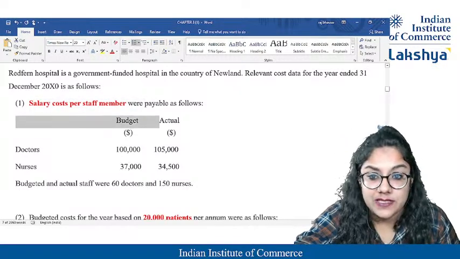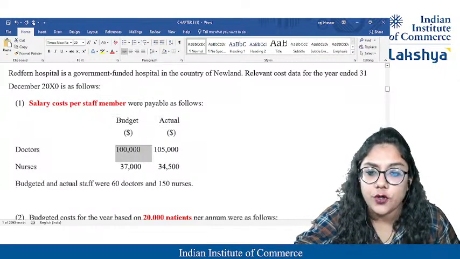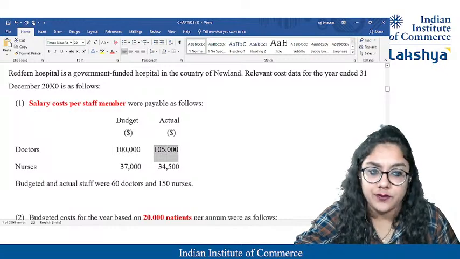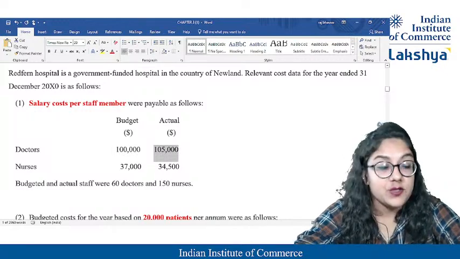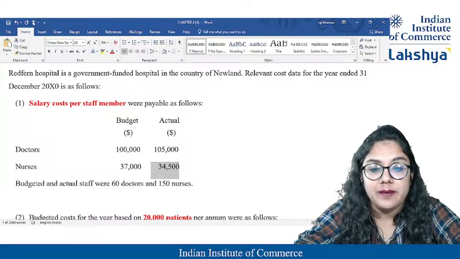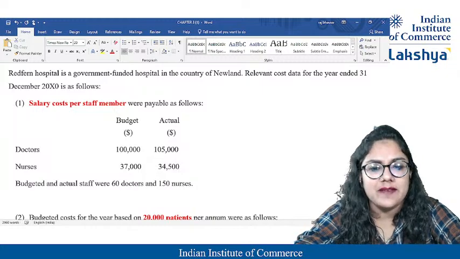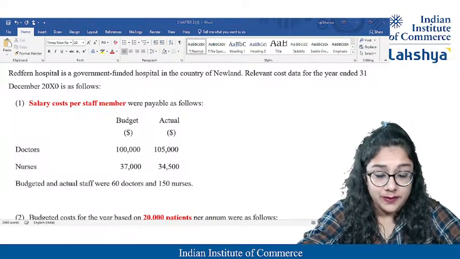My budgeted cost was given, my actual cost was given. My budgeted cost for doctors is 1 lakh and my actual cost is 105, so my actual cost is more, which is not good. For nurses, my actual cost is less. They have given certain budgeted numbers of doctors and actual numbers.